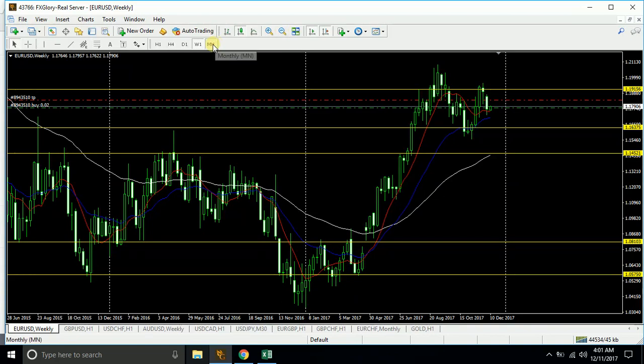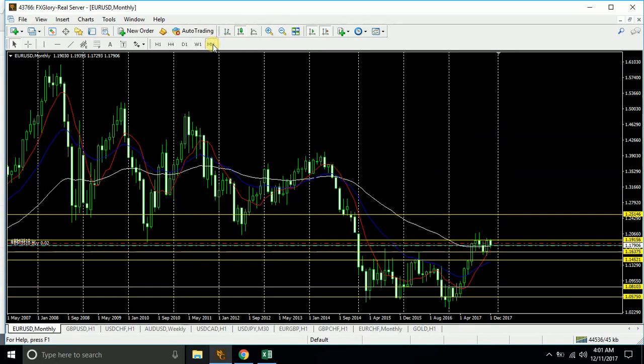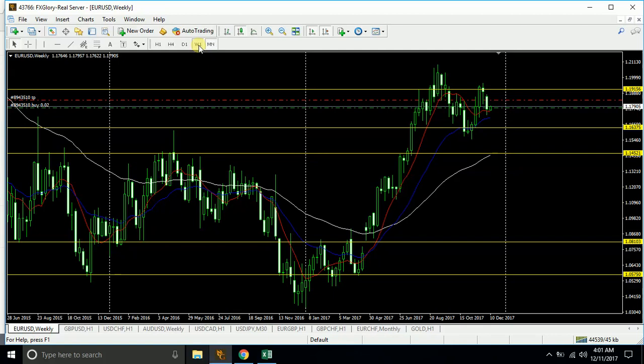Now we are looking at our weekly chart. We marked our levels of support and resistance for the monthly on our monthly time frame. On our weekly time frame, this is how we're reacting at those points.